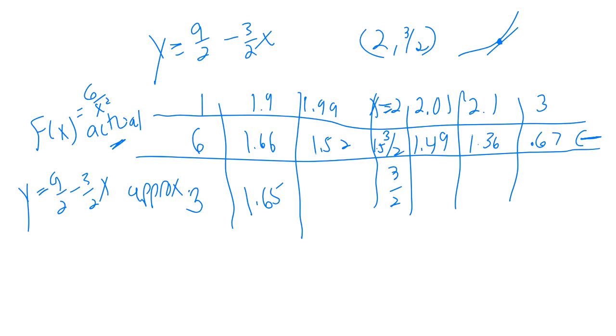This is 1.52. This is 0. This is 1.35. And this is 1.49. Now, in both cases, whether I'm looking at the actual or the approximation, my y values are getting closer to the actual value at 2, which is 1 1/2, 3/2, 1.5.